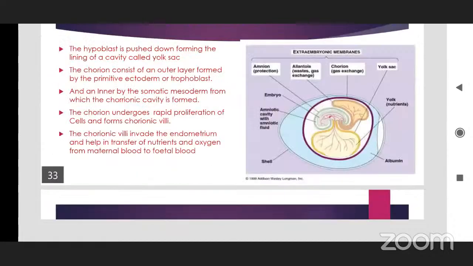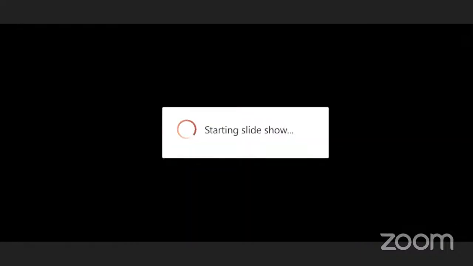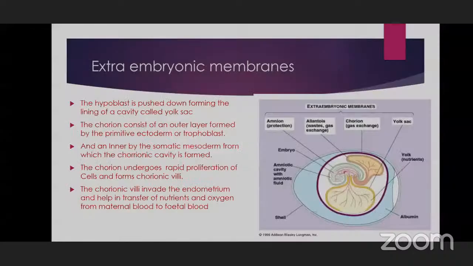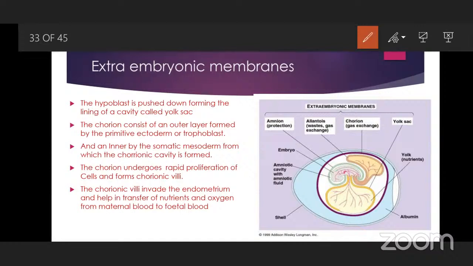The amnion membrane is mostly used for protection, and the allantois is for exchange of material, that is exchange of carbon dioxide and oxygen. Then the third layer is chorion, which is also helpful for gas exchange, and the fourth one is the yolk sac. Now, from which layers they are derived, we will see.